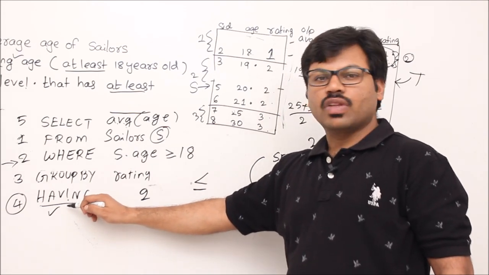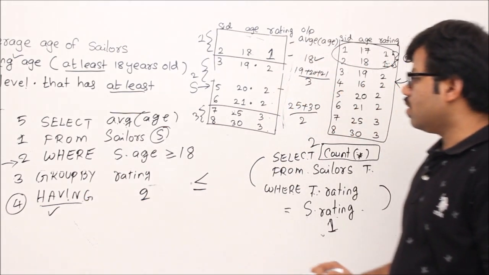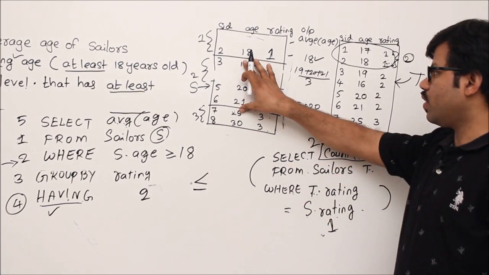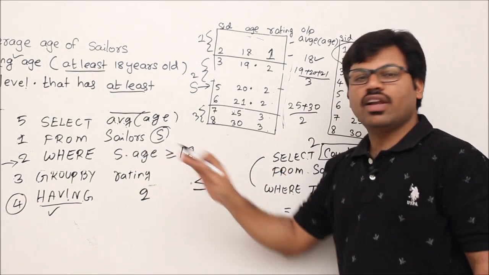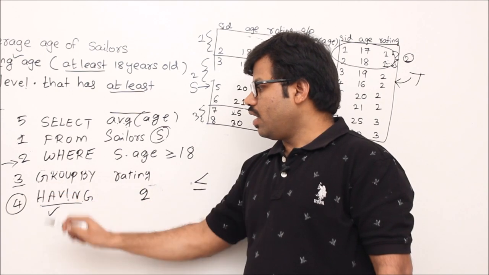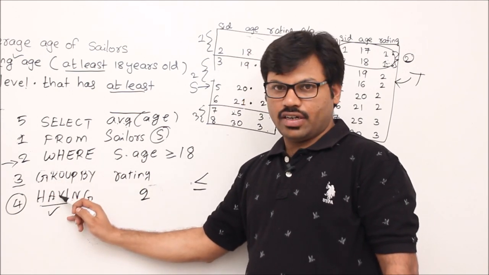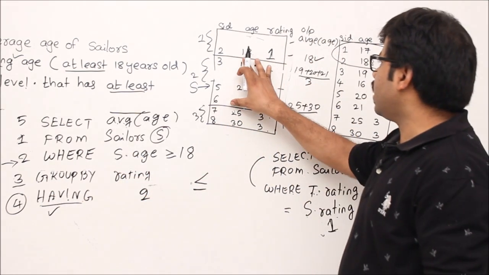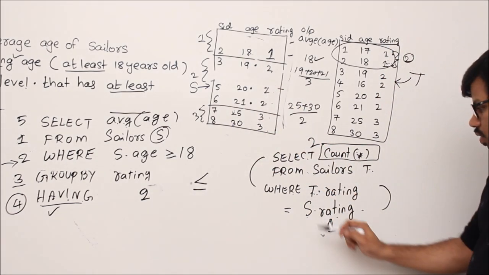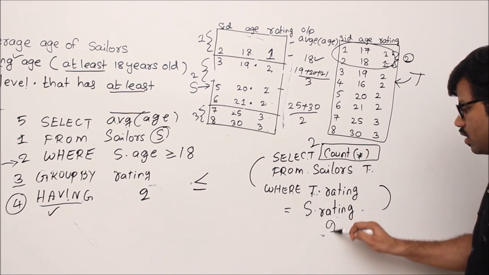Already I told you. So in the having condition now, the second group's value will be substituted. That means now I am executing this query. After step number 3, for every group having will be evaluated. So the second group. What is the second group? This one, group 2. Rating is 2. Remember, now S dot rating value will be substituted as 2.